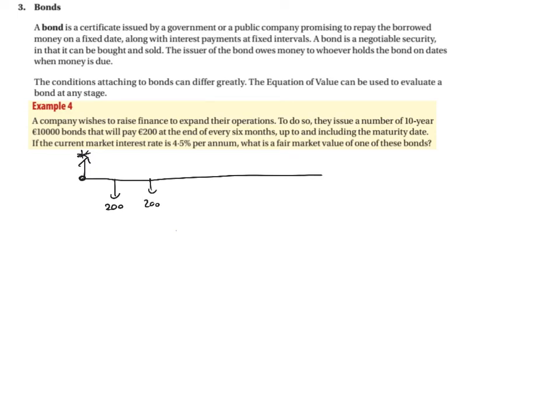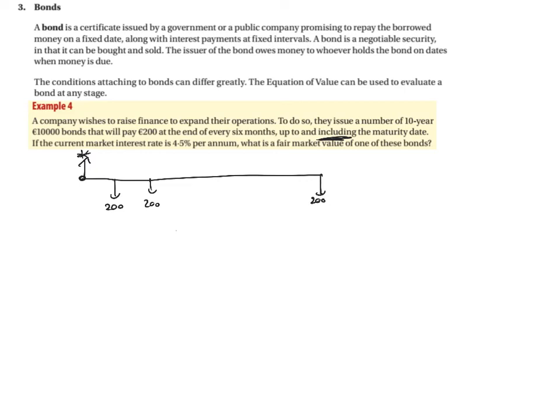You're going to get a whole load of payments over the 10 years, 20 payments of 200. At the end, because it says including the maturity date, they're going to give you 200 there. And they're also going to give you another payment on that date of 10,000, this 10,000 in the future.